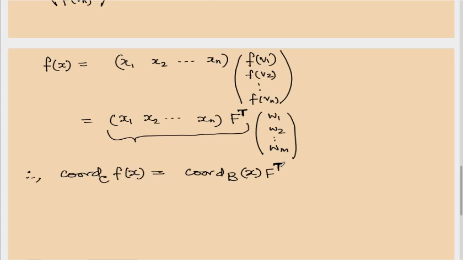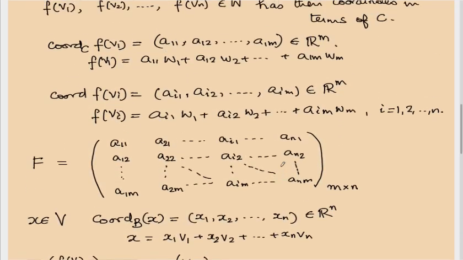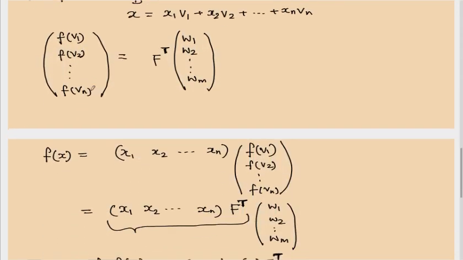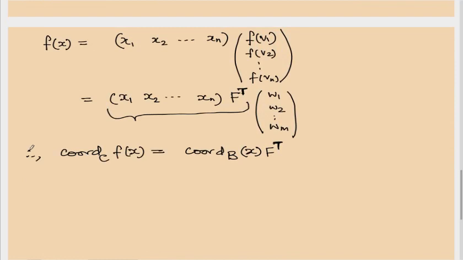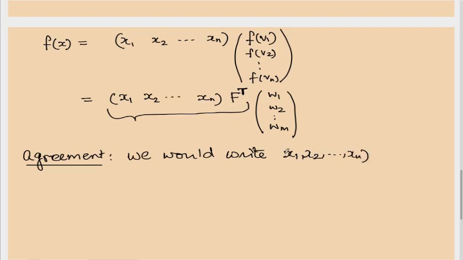To make it look nice, let us make a nice agreement that we will write members of Rn as columns.